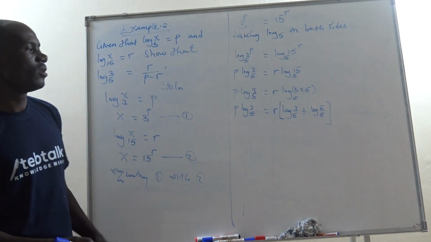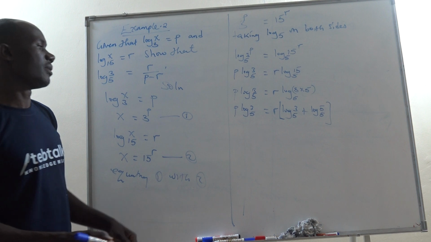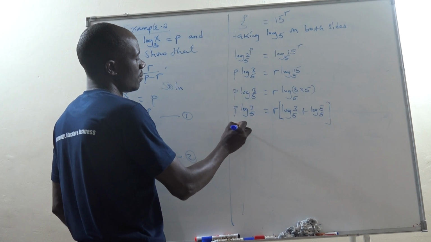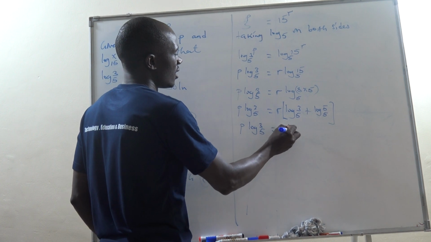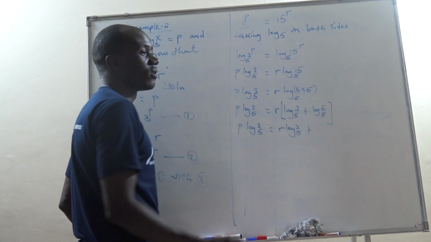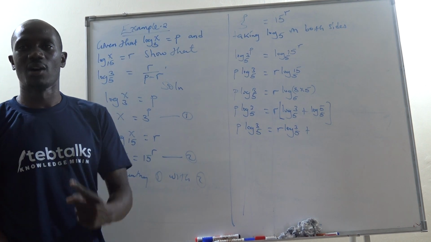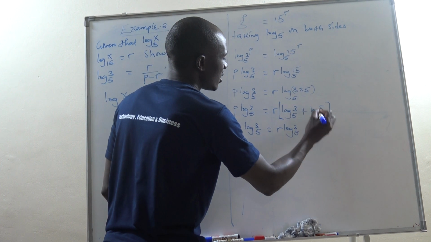Then we open up that bracket. This becomes p log of 3 base 5 equals r log of 3 base 5 plus, we said log of a number to the same base is 1. So r times 1, we just get r.